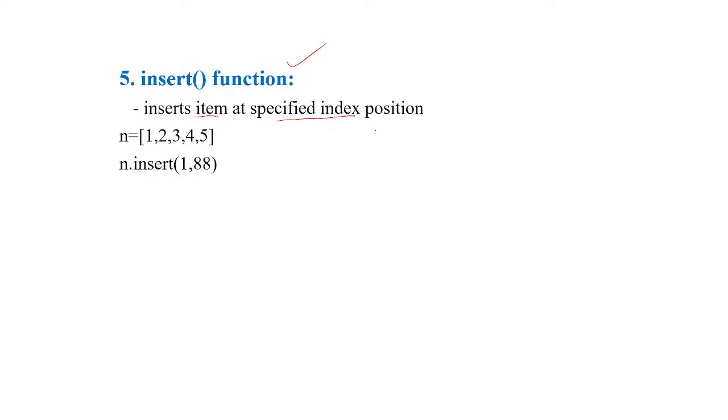Does the list look like this, where 2 is replaced with 88, 3, 4, 5, or will 88 be inserted at index 1 and all elements move to the next position?